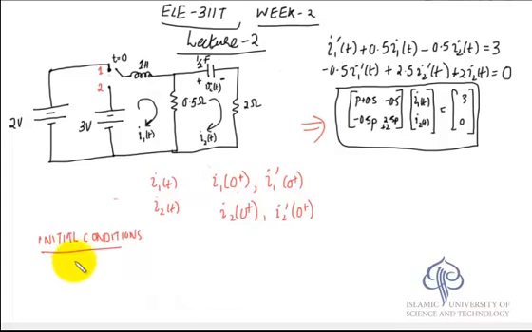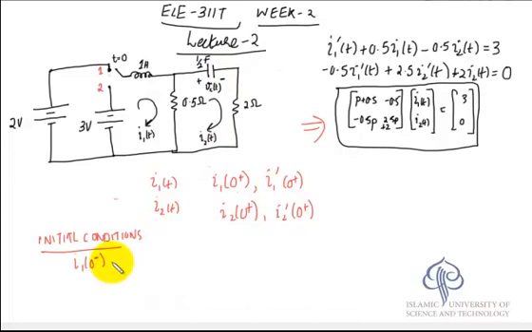Let us first see what is I1 0 minus. You'll get it because this whole thing is in steady state before the switch is thrown to 2. When it is in steady state, it means that this inductor will behave like a short circuit and this capacitor would be like an open circuit. So all the current is going to flow like this through the first loop, and no current is going to flow across like this.